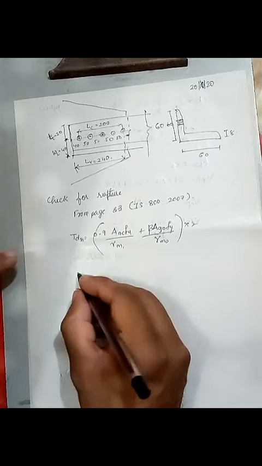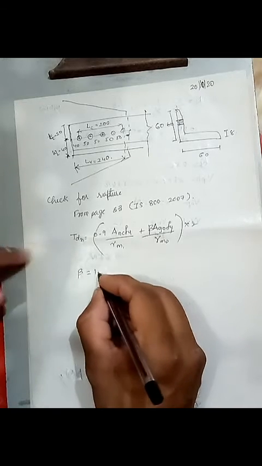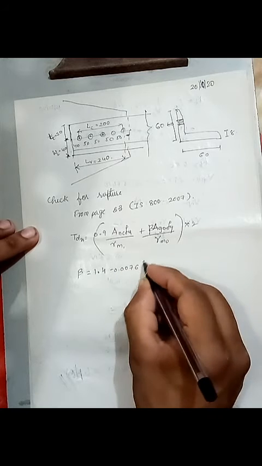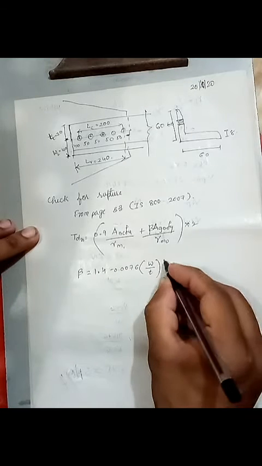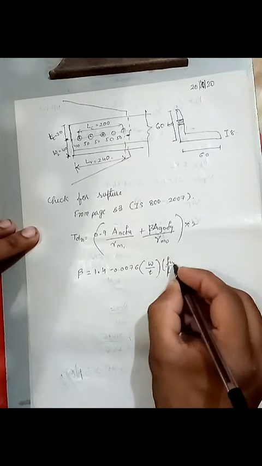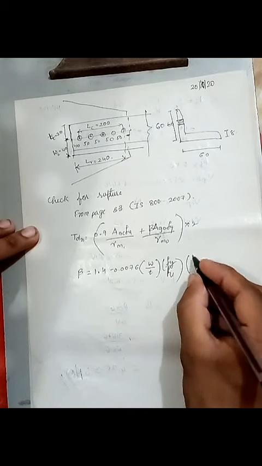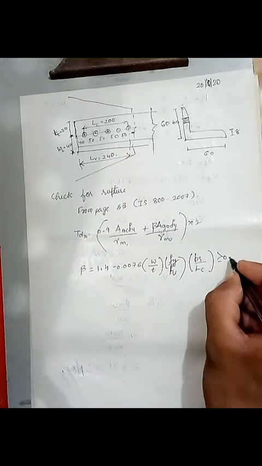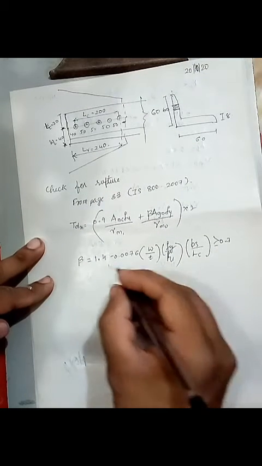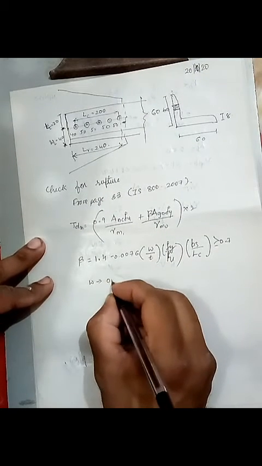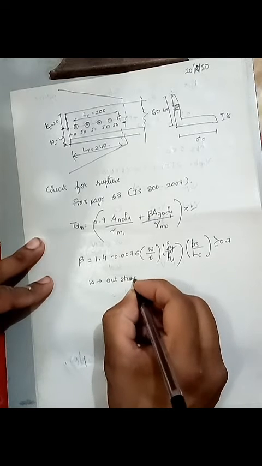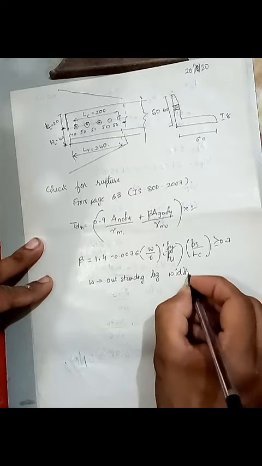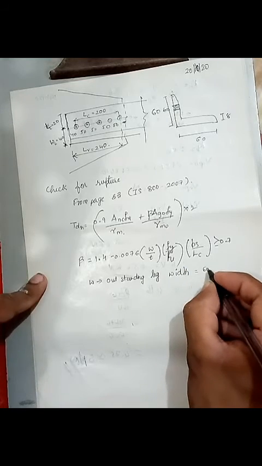So now what is beta? Beta is calculated from the same page, 1.4 minus 0.0076 W by T into FU by FY into BS by LC, which should be greater than or equal to 0.7, where W is the outstanding leg width, that is 60 mm.